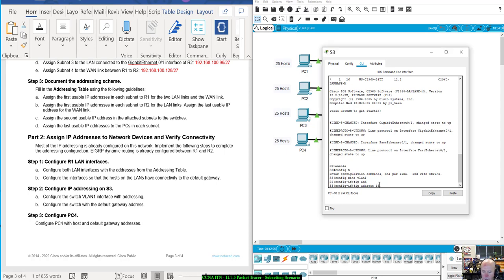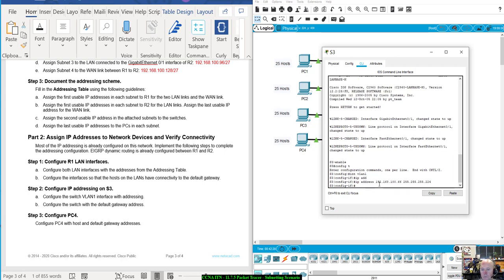So 192.168.100.66, not 254, with a subnet mask of 255.255.255.224. No shut.